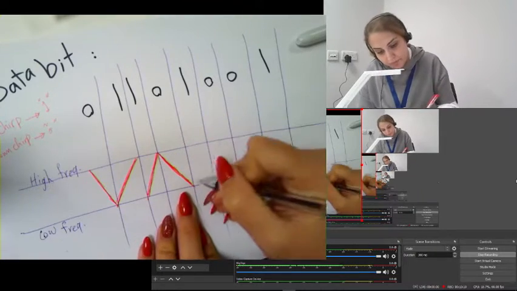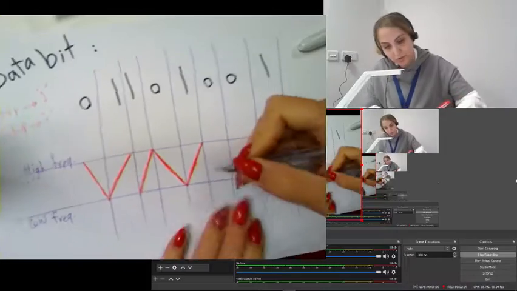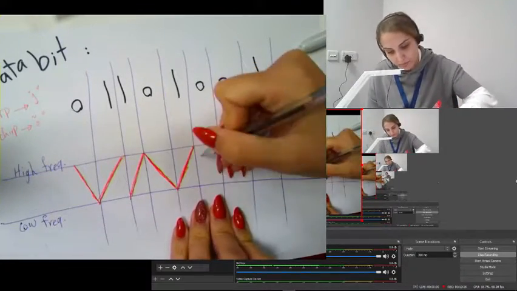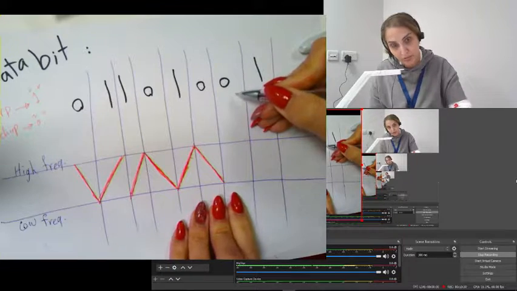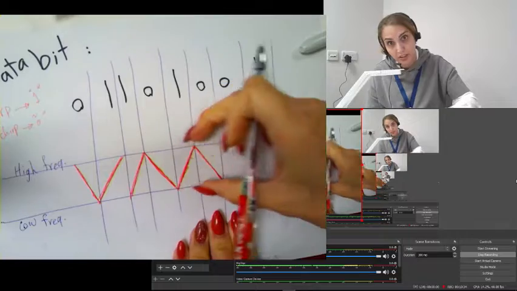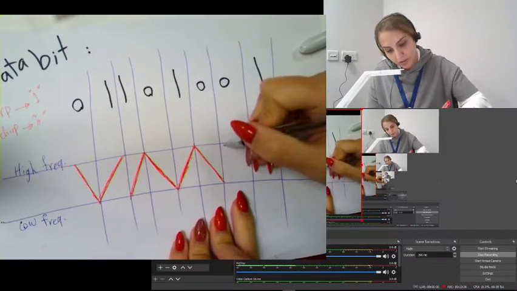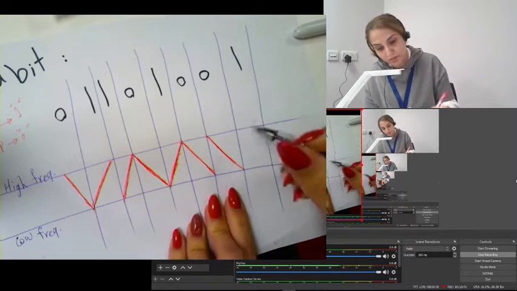I have 1, up chirping, 0 down chirping, 0 another down chirping. Remember, I'm not coming down here, I'm not continuing it because again constant amplitude. So I'm going up. Digital 1 is going to have the up chirp.